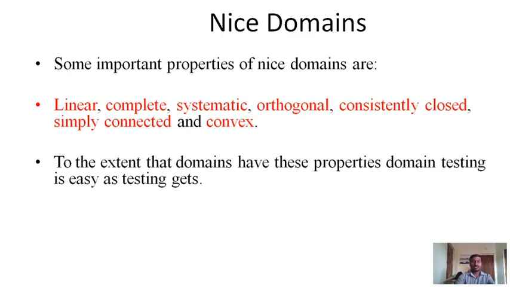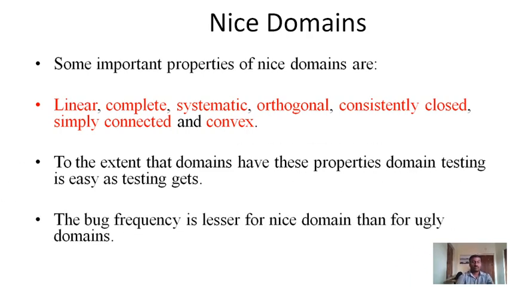To the extent that domains have these properties, domain testing is as easy as testing gets. If domains have these properties, they are very easy to test. The bug frequency is lower for nice domains than for ugly domains.